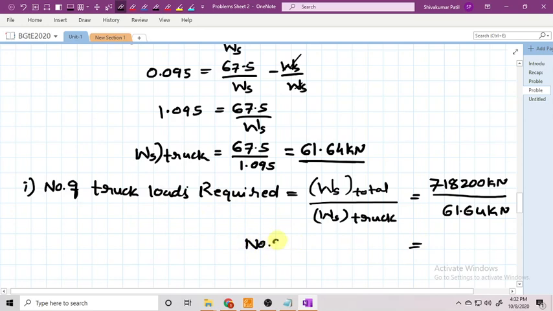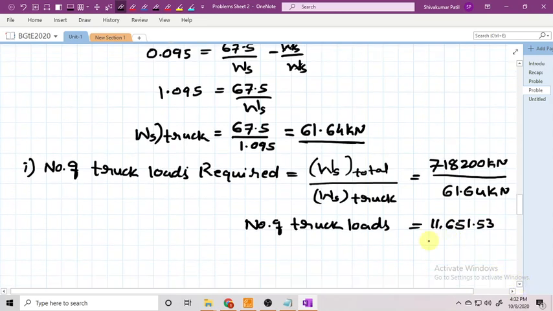So if you divide it, you will get the number of truckloads. You should get around 11,651.53. Since these are the number of trips, it should be a whole number, so 11,652 trips it should make.